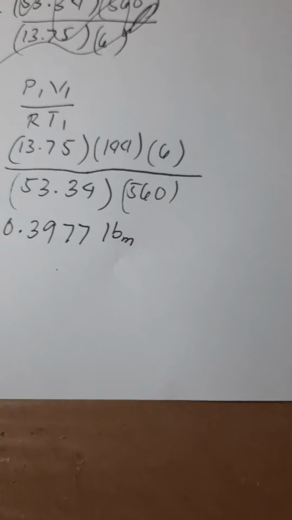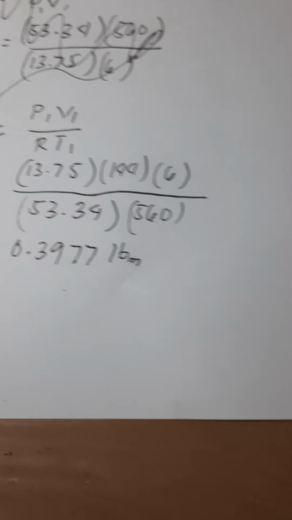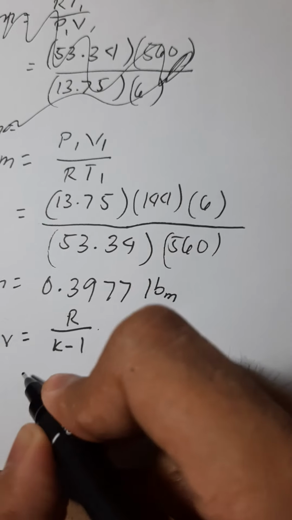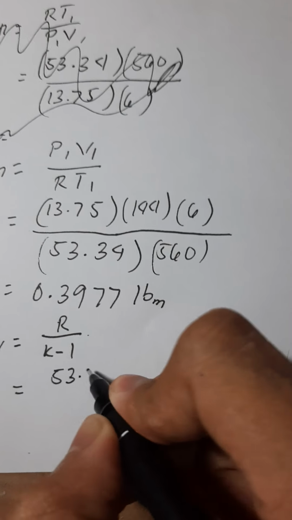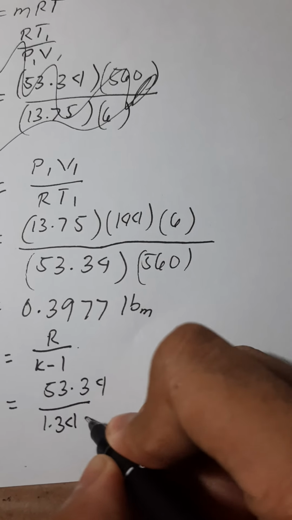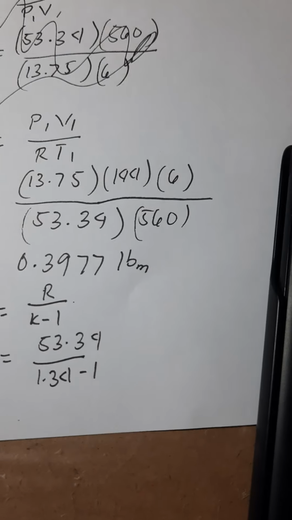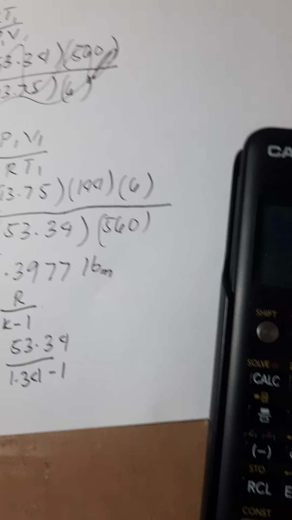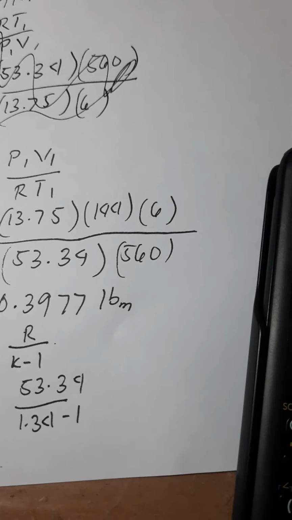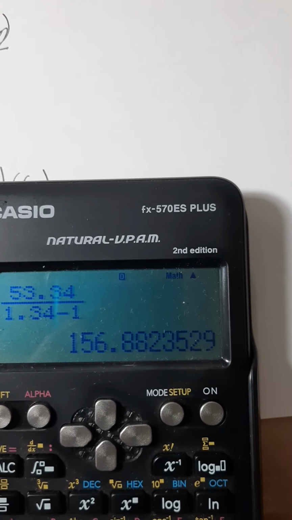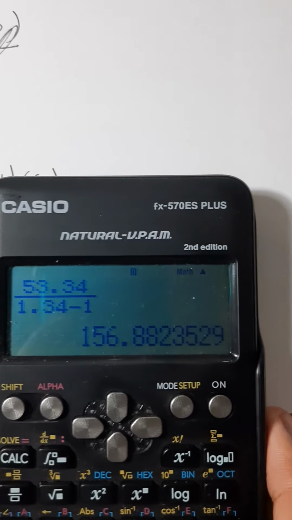CV is actually the R over K minus 1, 53.34 over 1.34 minus 1. The CV is 156.88.